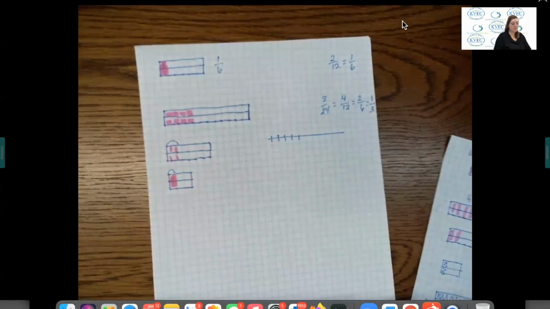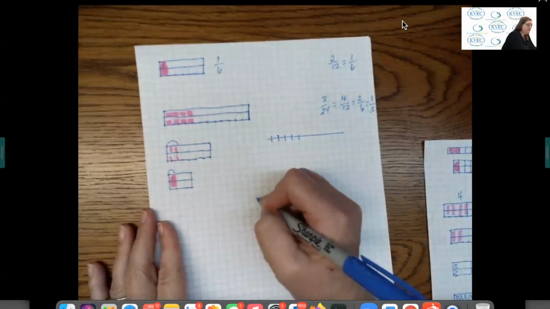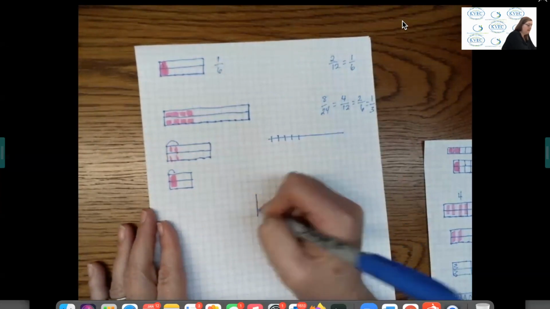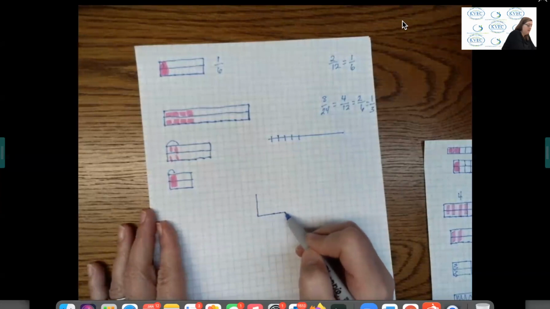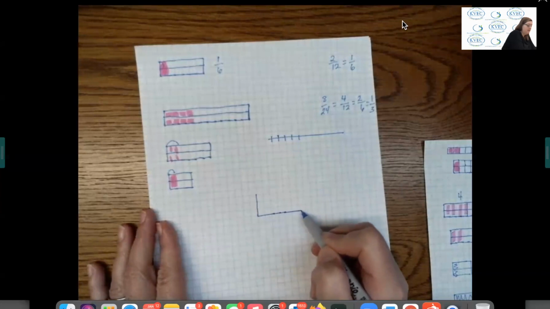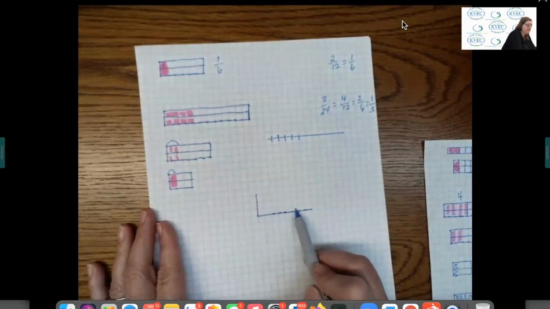Now let's talk about the fact that if the student already understood that 8 times 3 is 24, I could at this point go down here and go 3, and then I could go over it. 1, 2, 3, 4. 1, 2, 3, 4, 5, 6, 7, 8.